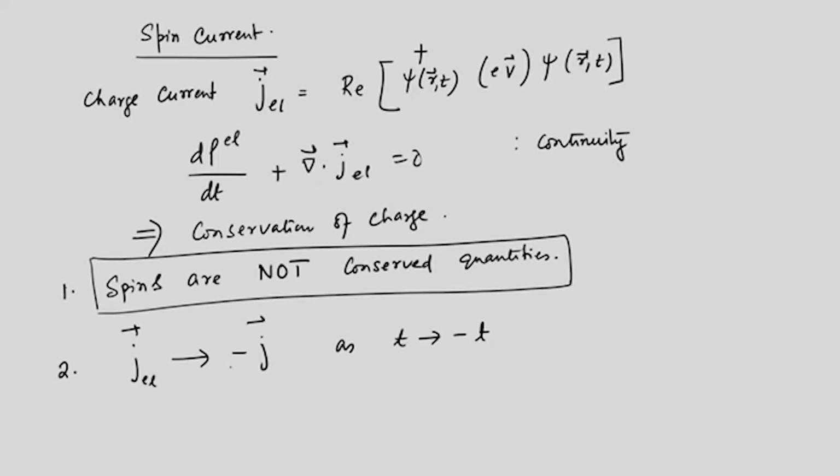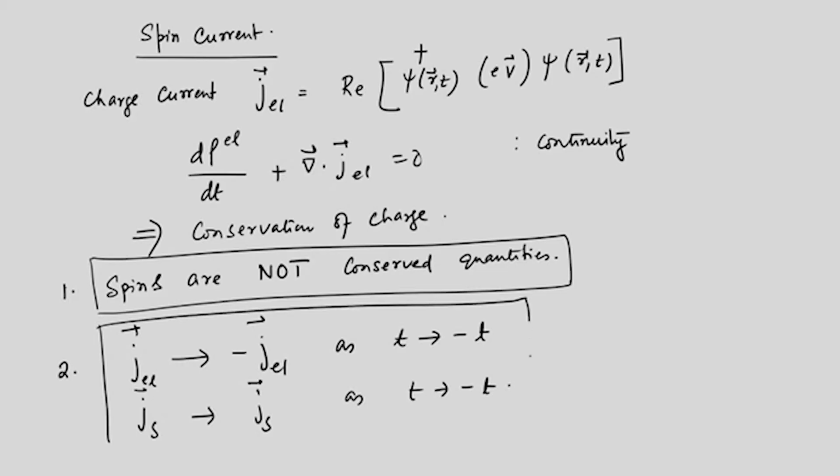So, this is for the electron. However, Js does not change sign as t tends to minus t. Okay. So, this is a very important thing, and this is related to the fact that this spin current can actually propagate without any dissipation.